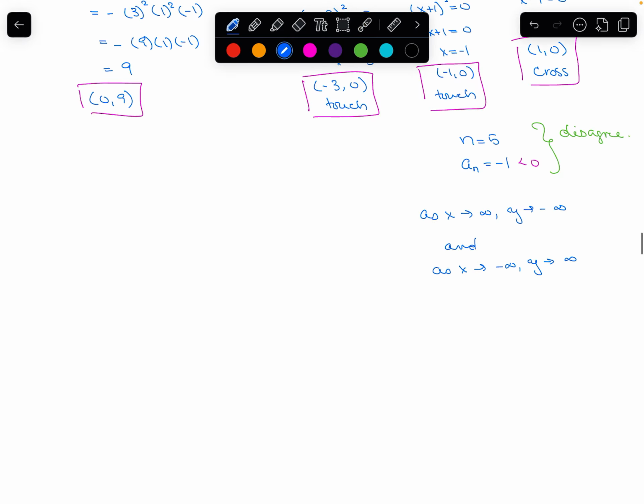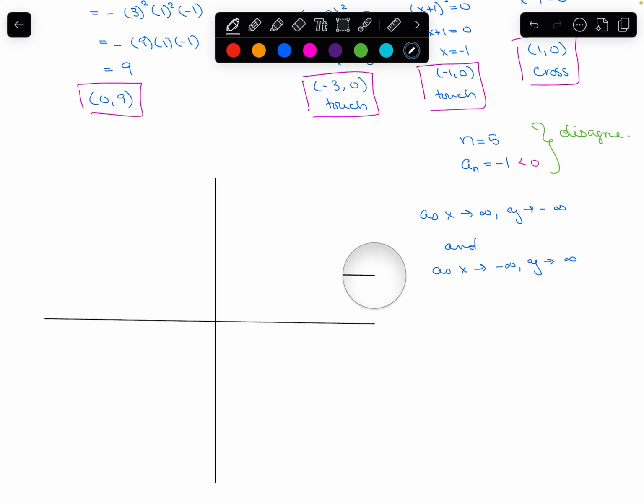Okay, so with everything there, we can now sketch the graph. Remember, it doesn't need to be perfect, just good enough.